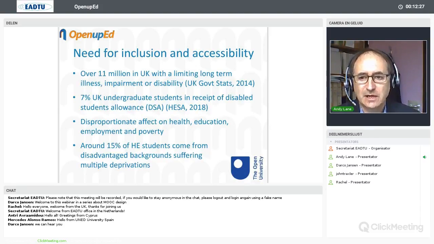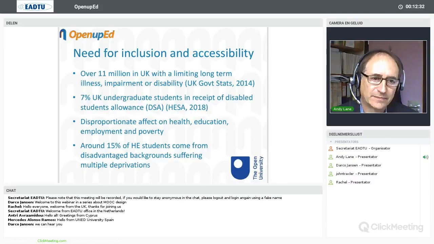So it's obvious that they are not accessing and not getting the benefit of education as much as those without disabilities. But we also have those issues about people from disadvantaged backgrounds suffering multiple deprivations. As I say there, about 15% of higher education students in the UK come from that area.